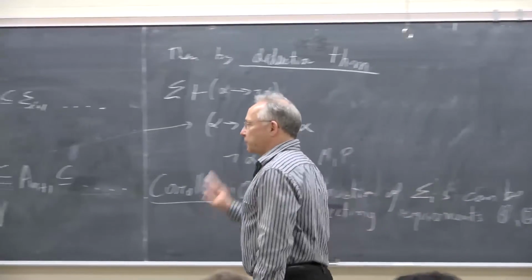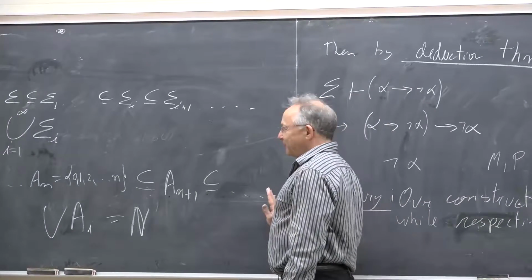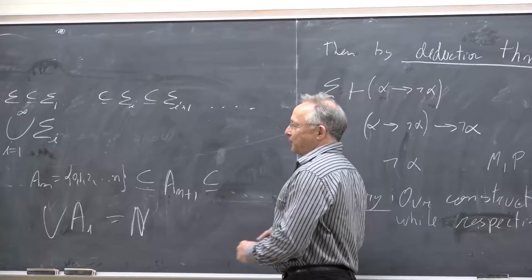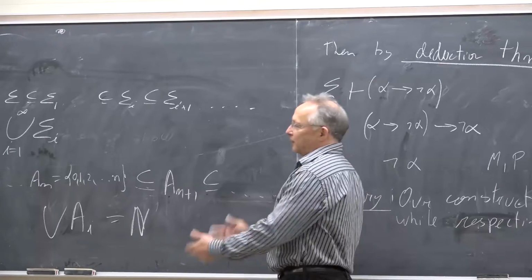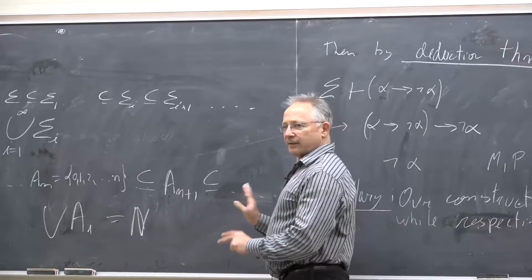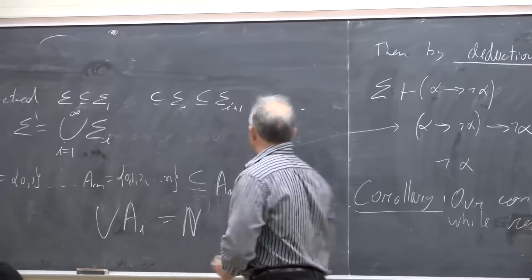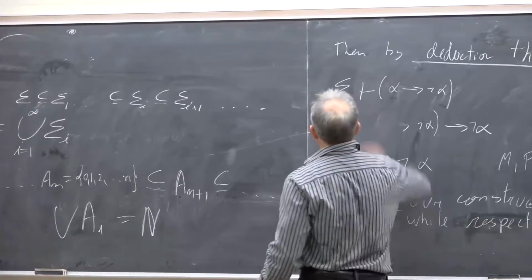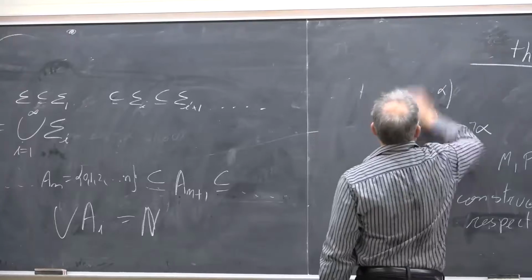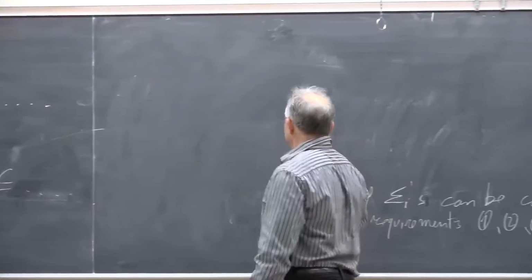Okay, so thank you for this question, because I think this is one of the points that, from my point of view, doing it over and over again, I don't bother to even mention. From the point of view of a student, this is a pitfall where you can get confused. Okay, so we have this sigma prime. What we want to prove is that sigma prime is maximally consistent.